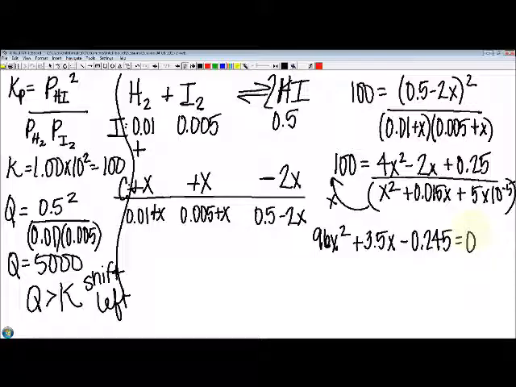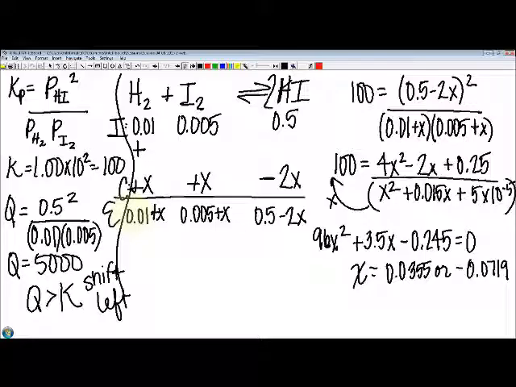So when you plug into the quadratic formula, x can be 0.0355, or it can be negative 0.0719. Okay? So at this point, we've solved for x. Now we need to plug in and find our equilibrium concentrations.